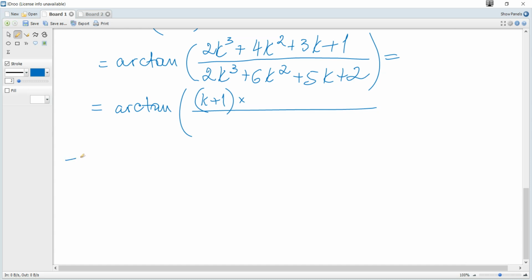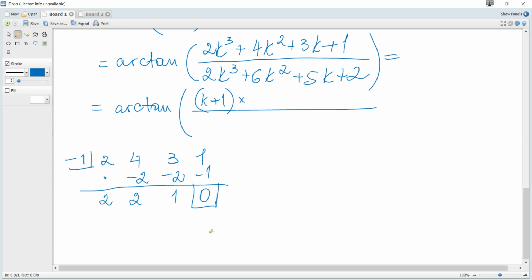Let's apply synthetic division: we write -1 and coefficients 2, 4, 3, 1. 2 multiplied by -1 is -2, the sum is 2, again 2 multiplied by -1 is -2, and it's 1, -1, 0.